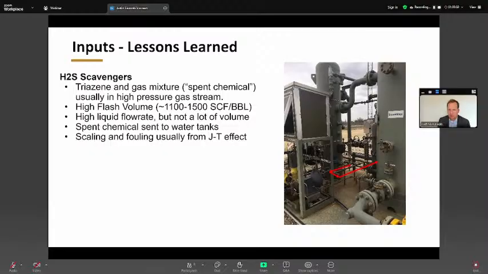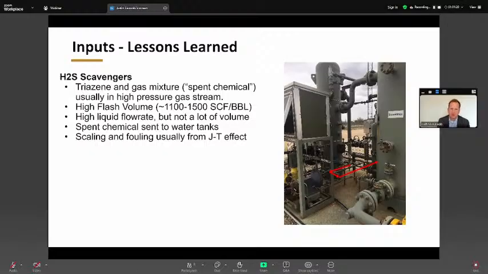And then two high level flash items would be H2S scavengers. We find that H2S scavengers extract your hydrogen sulfide, but also bring a lot of flash. It has a high affinity for natural gas, these mediums, triazine, or the chemicals, such that when you are dumping that spent fluid to a slop tank, chemical tank or whatever that shares that same vent header, you can actually have really high levels of flash.